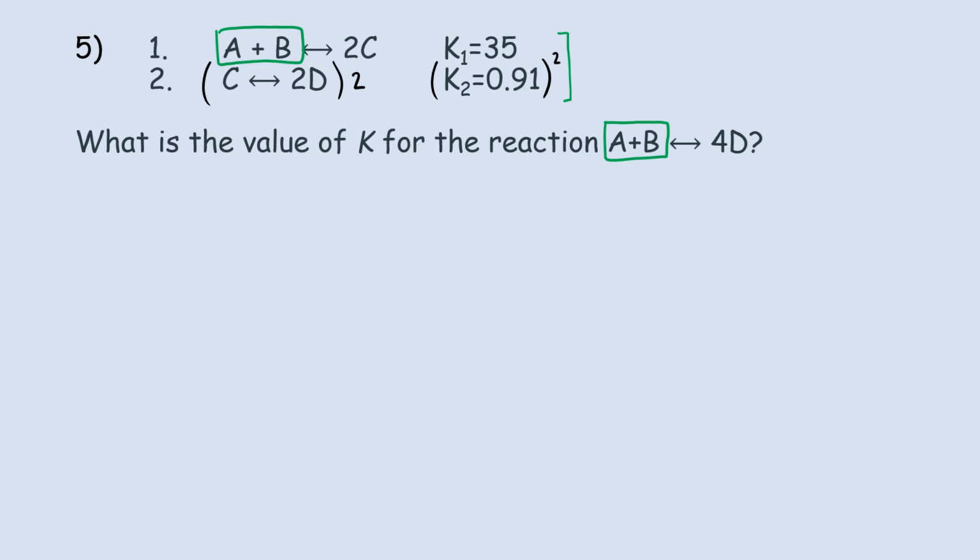And when we multiply this reaction, we will end up with 2C reacting to produce 4 moles of D. And the reason I wrote this out for you is so that you could see that we have 2 moles of C on the product side in reaction 1, and we have 2 moles of C on the reactant side in reaction 2. So they're going to cancel. And now we are left with our net overall reaction, A plus B, producing 4 moles of D. Finally, we can go ahead and solve for our K value. So K is going to be equal to K1 multiplied by K2 squared.